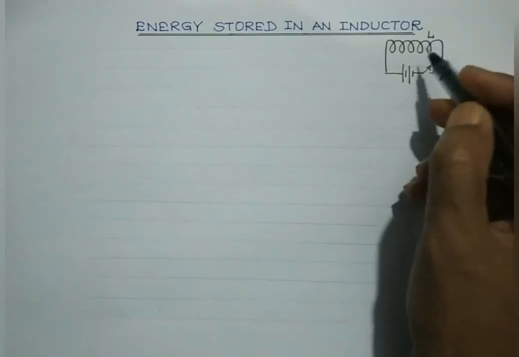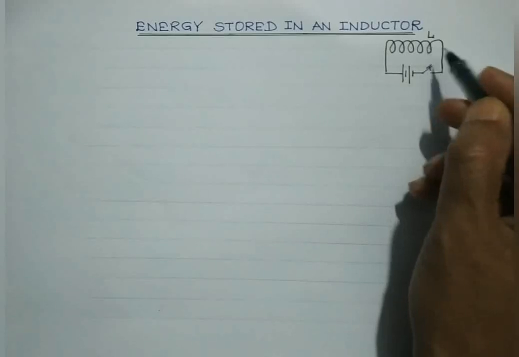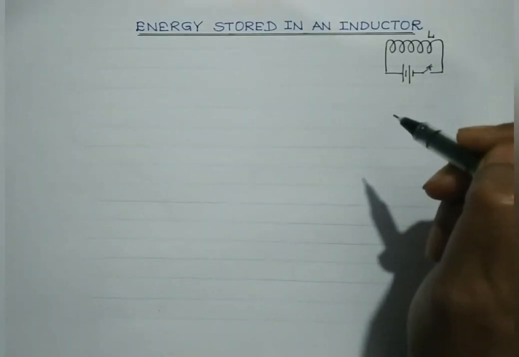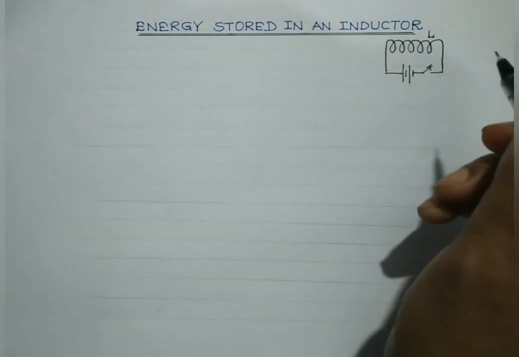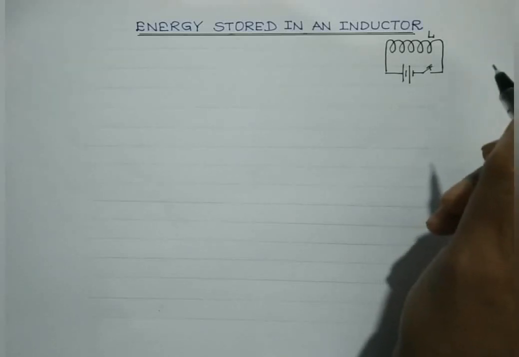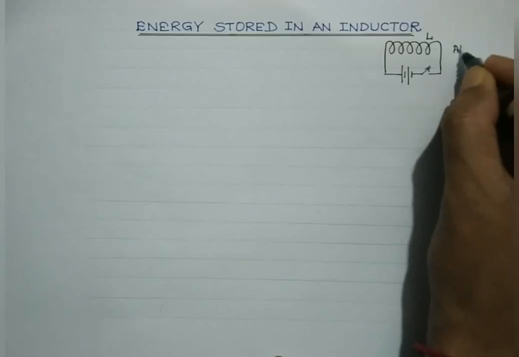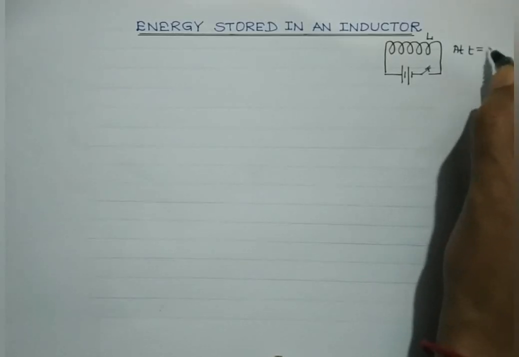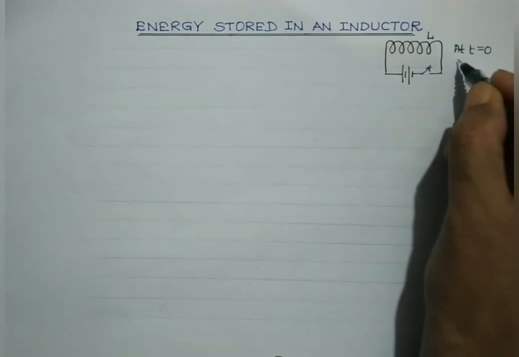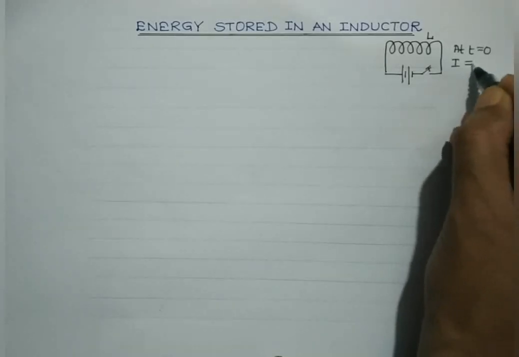And students, the energy stored in the inductor is in the form of magnetic field, right? So initially suppose the current in the inductor is 0. Let us consider initially, that is at t equals to 0, the current in the circuit is 0.